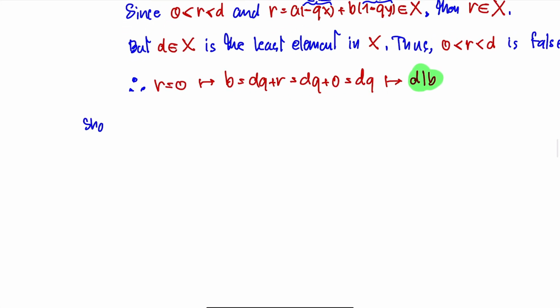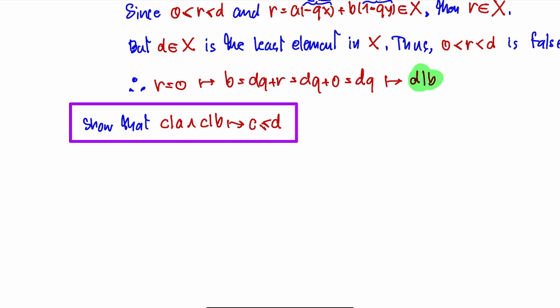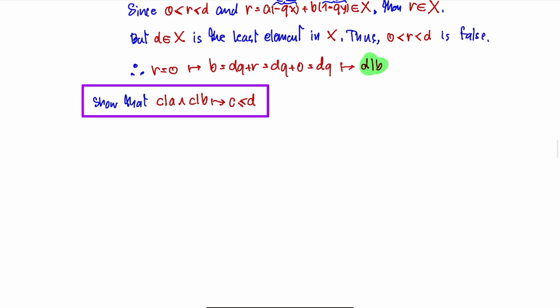So we have to assume that, I think we first let c be a positive integer, and assume that c divides a and c divides b.